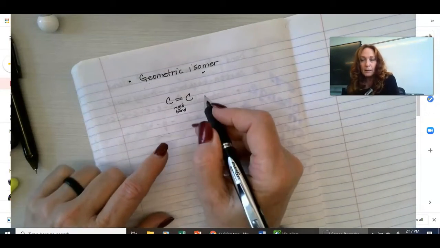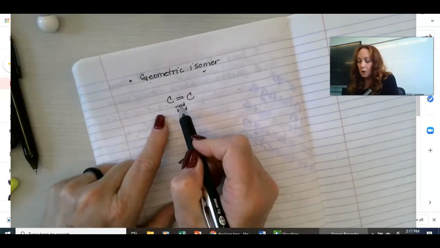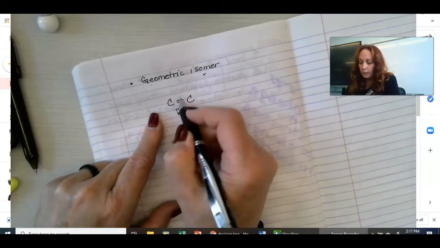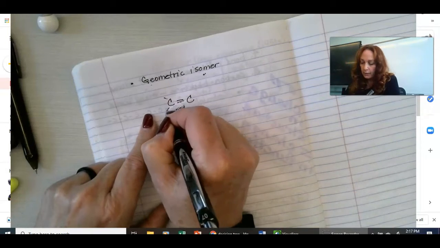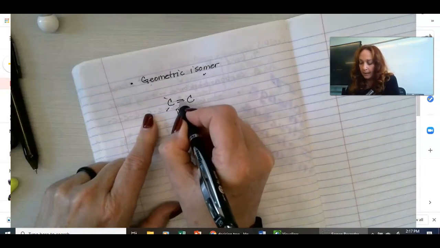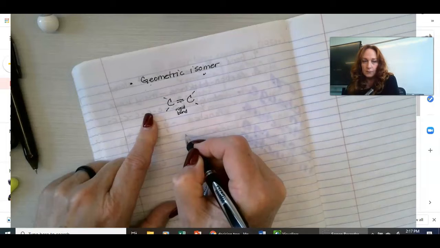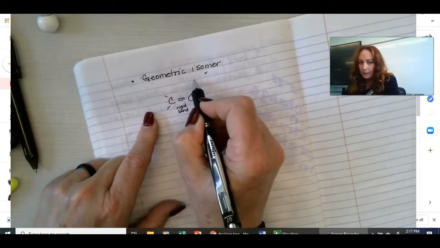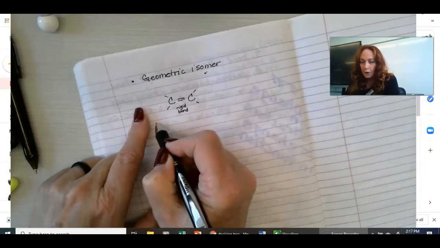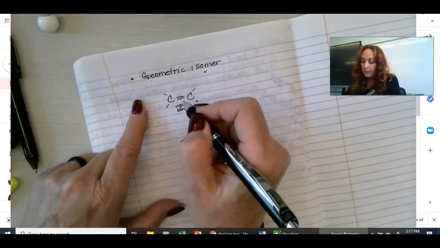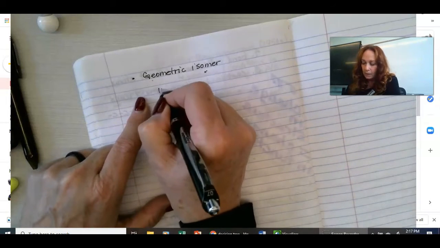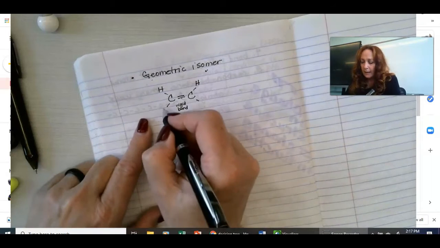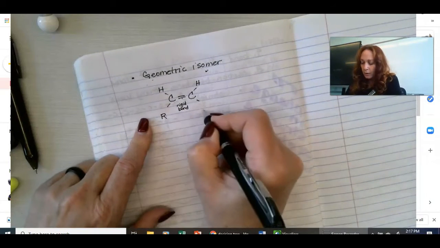So now I've got a cool thing. I can talk about whatever's attached, because I've got 1, 2, 3, 4 bonds on this carbon, and on this carbon, I have 1, 2, 3, 4 different bonds. They're definitely either on the same side or across from each other. So if you have, let's just say, your hydrogens both on the same side, and then you've got what are called R groups.